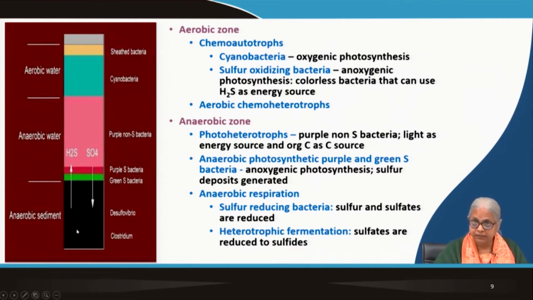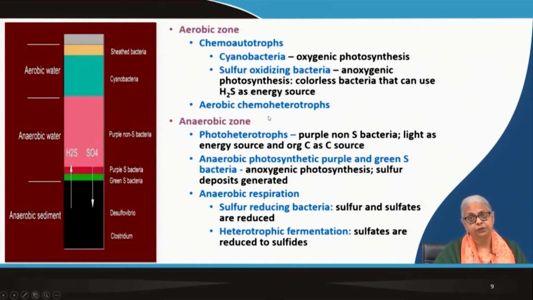It's a gas, and it comes upwards, so it's being generated at the bottom of the column. Whether it's a lake or a pond or any other place, you will find a lot of dark sediment at the bottom, and hydrogen sulfide is being generated in that sediment. Because of its gaseous nature it will come to the top, and these sulfur oxidizing bacteria are capable of utilizing it as their energy source.